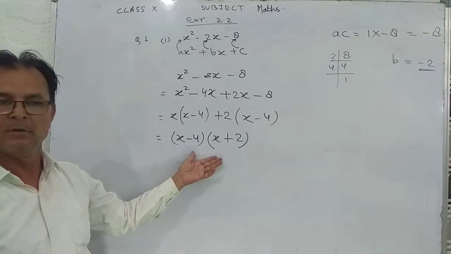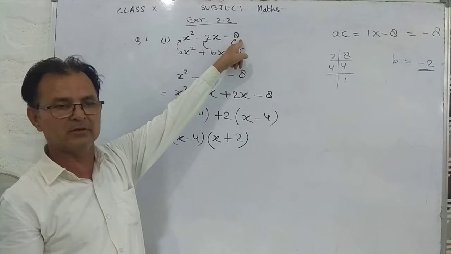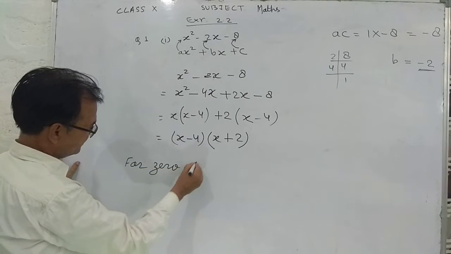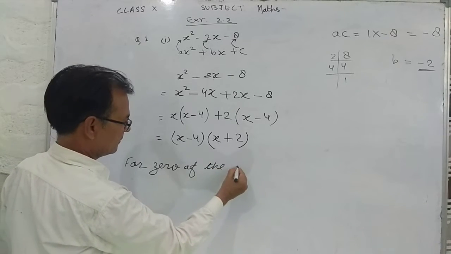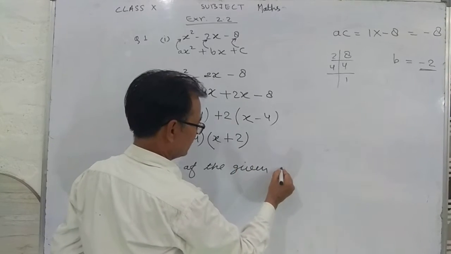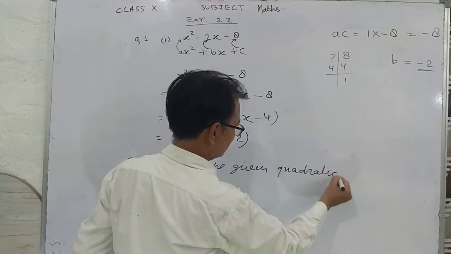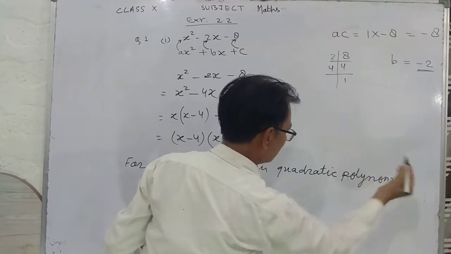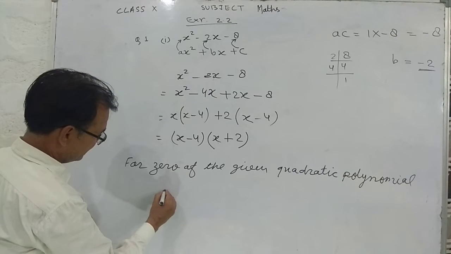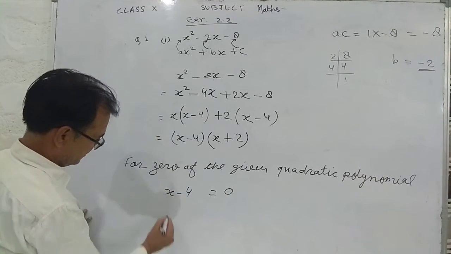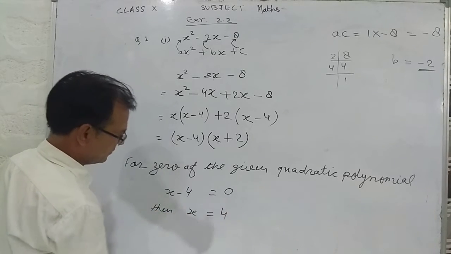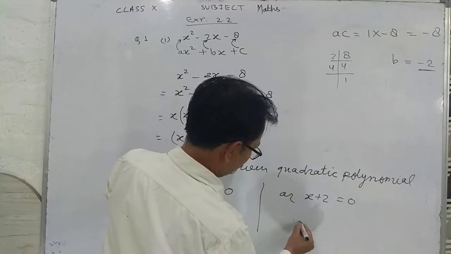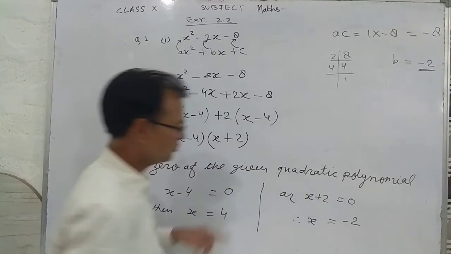To find the zeros of x square minus 2x minus 8, we will say for zero of the given quadratic polynomial, we will have x minus 4 equal to 0, then x equal to 4, or x plus 2 equal to 0, therefore x equal to minus 2.